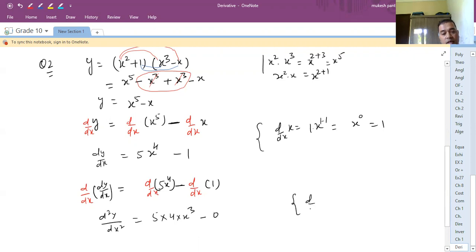Always pay attention. Derivative of a constant: if you have any constant number, it will be 0. So this becomes 4 times 3 is 12, 12x cube, right?